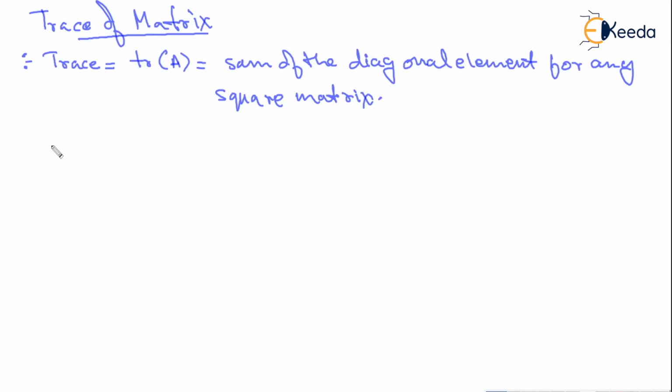So that is trace A is equal to the sum of Aij for all the values where i equals j, right? So by that we mean all the possible sums.